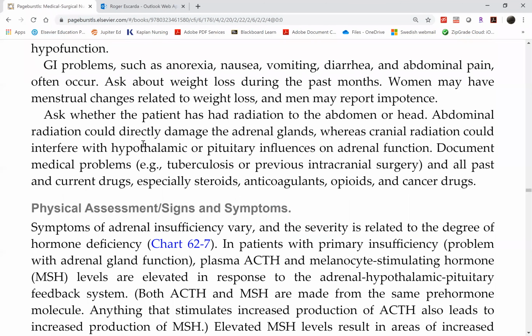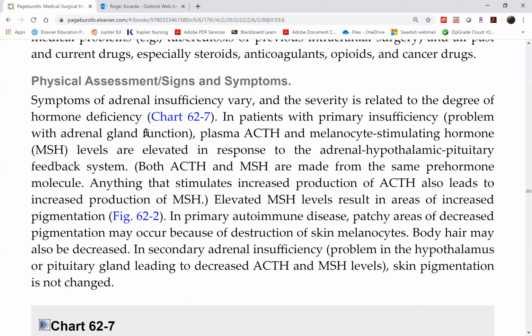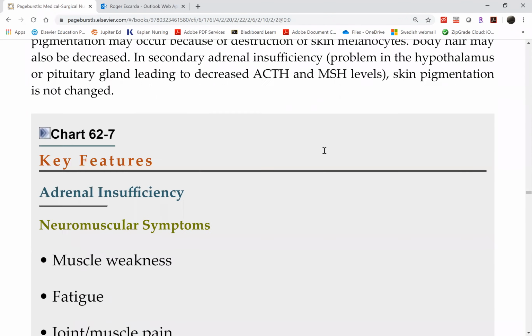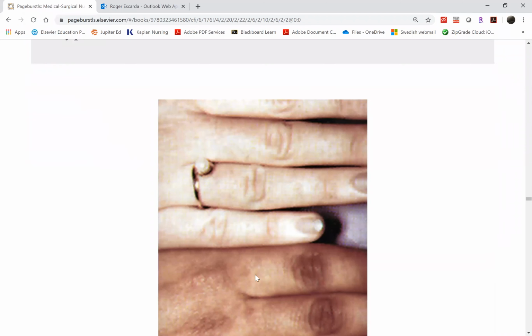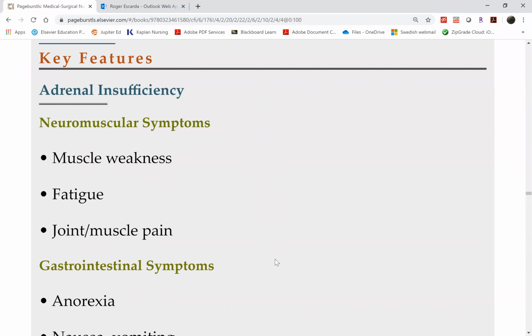Signs and symptoms are similar to what the emergency chart already showed, but this one will be at a manageable level. Others unrelated are there will be an increase in your melanocyte stimulating hormone, resulting in this increased pigmentation right here. These are the other key features.